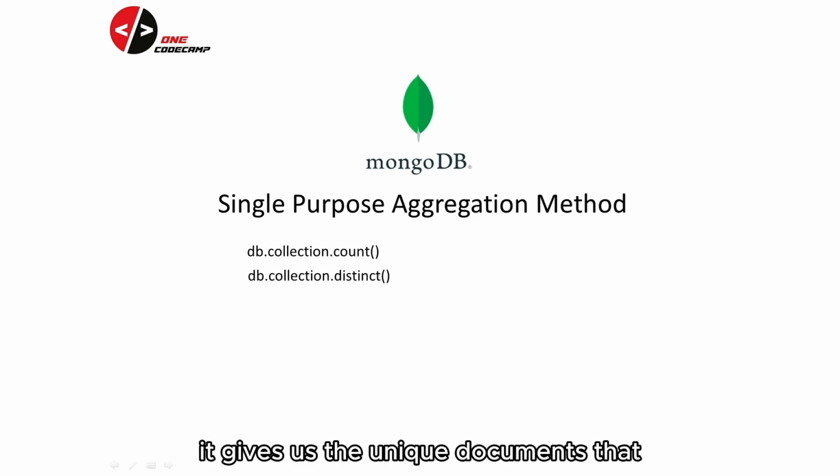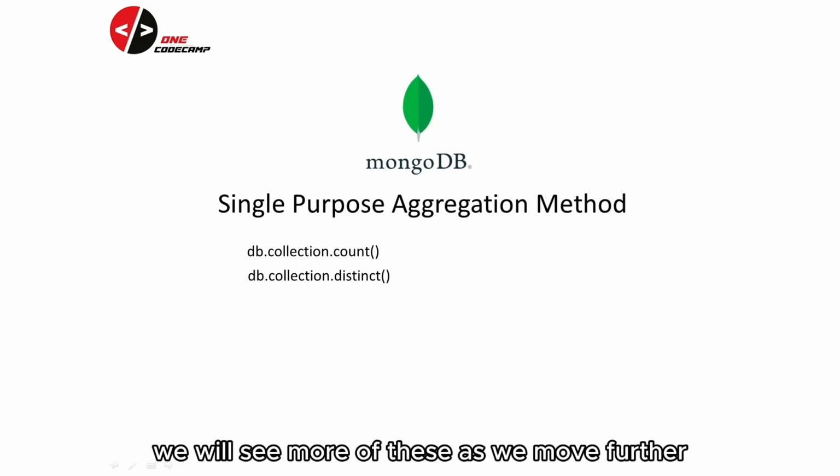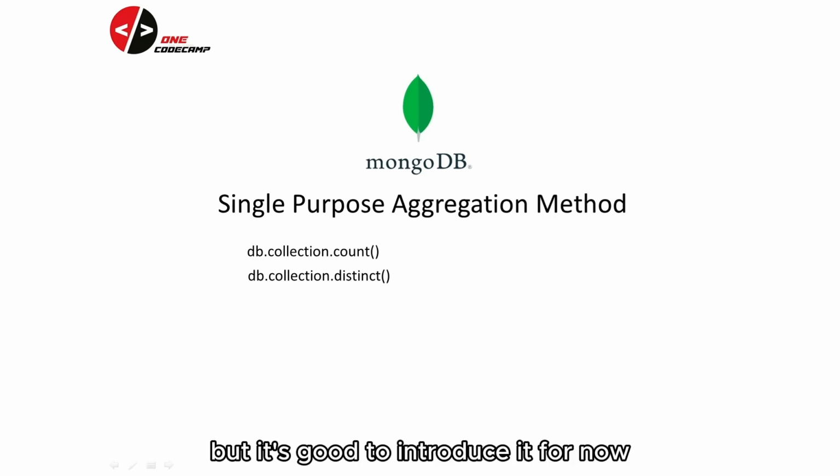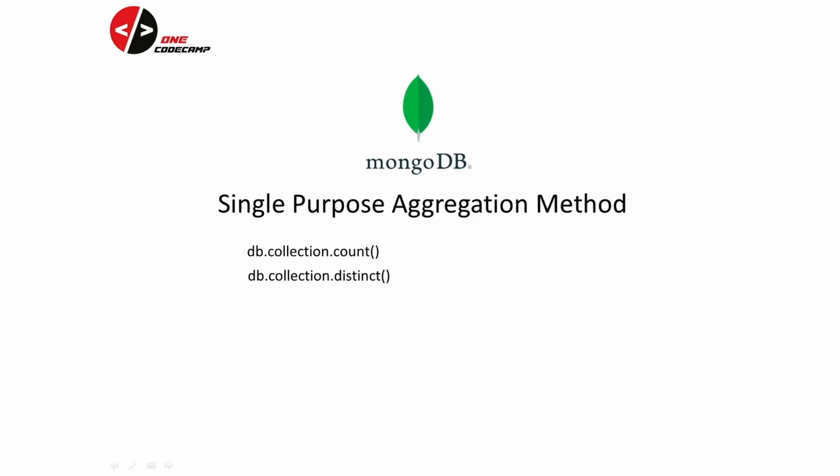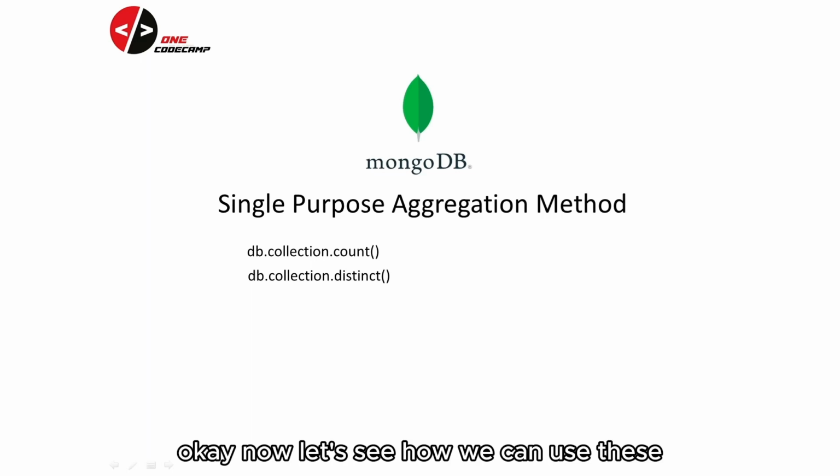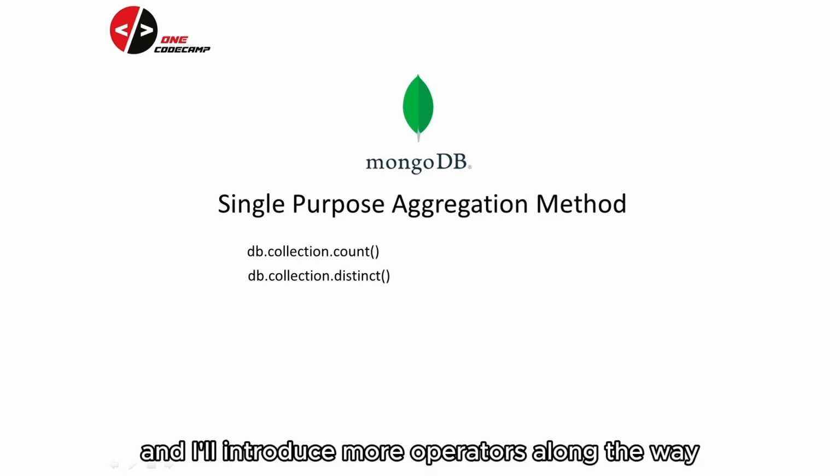It gives us the unique values that are available in that specific field. We will see more of these as we move further, but it's good to introduce it for now. Okay, now let's see how we can use these, and I'll introduce more operators along the way.